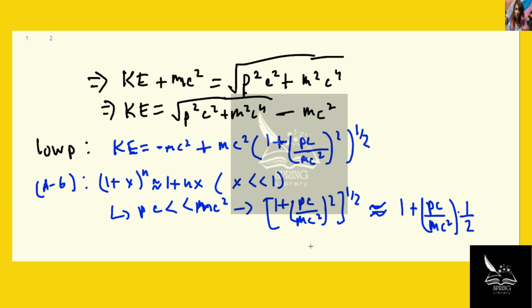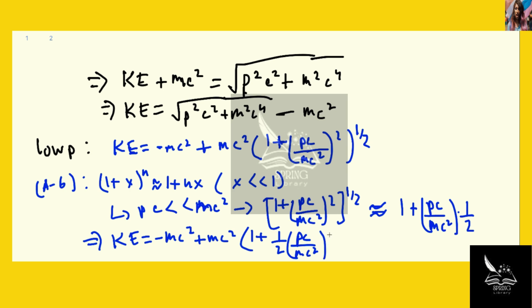So therefore, what we get is that KE equals negative mc² plus mc² times 1 plus 1/2 (pc/mc²)². Well, approximately, but it is a very good approximation at lower momentum.